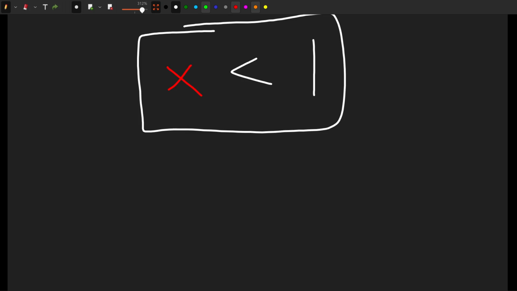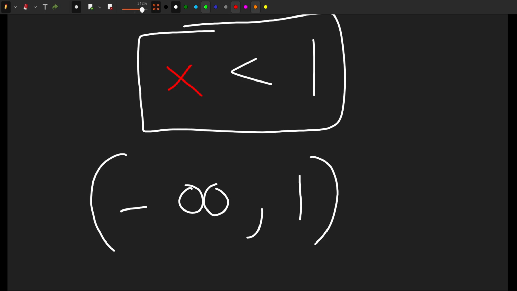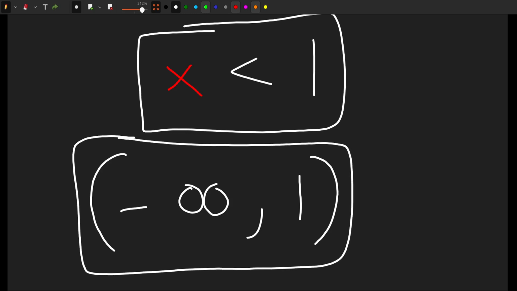This answer states x can be any number as long as it's less than 1, which means it could be any number from negative infinity to 1, not including 1, so we use open brackets.